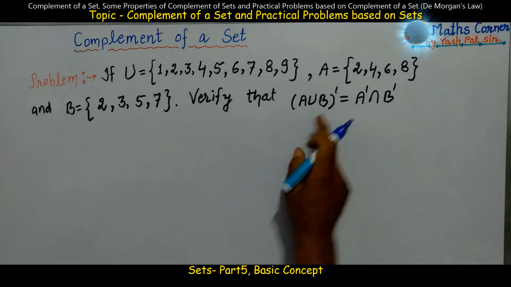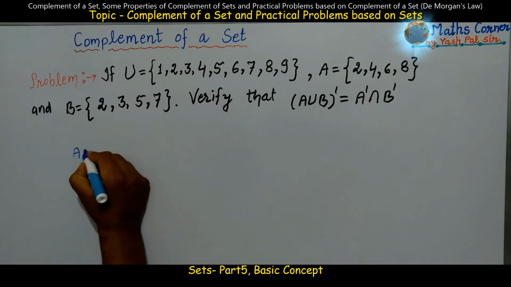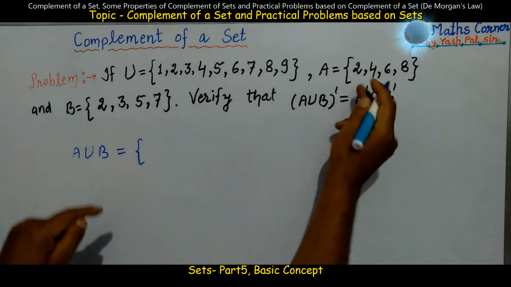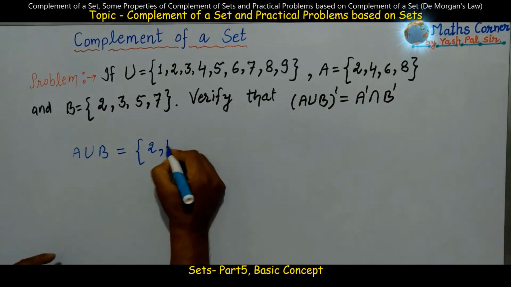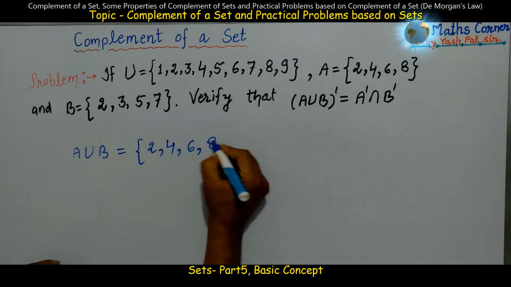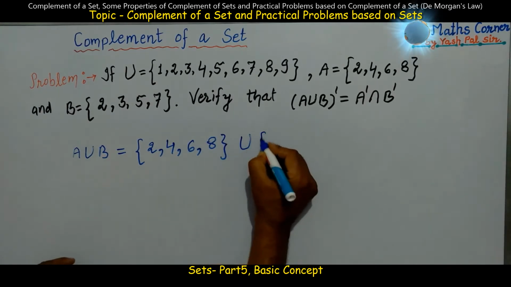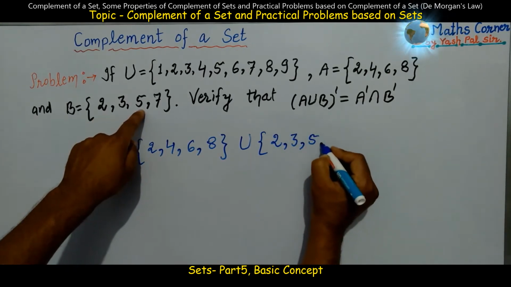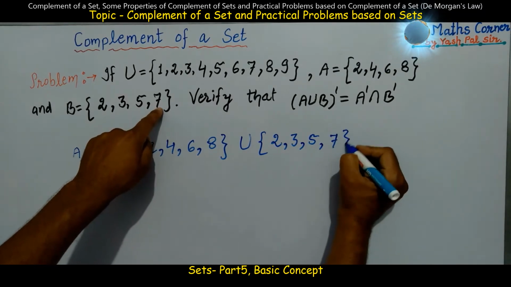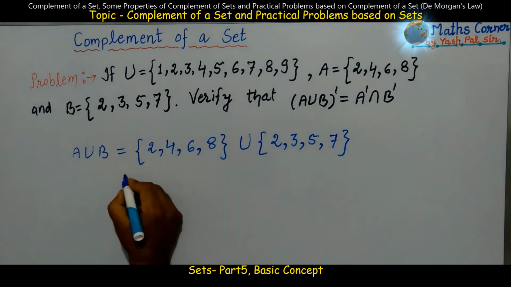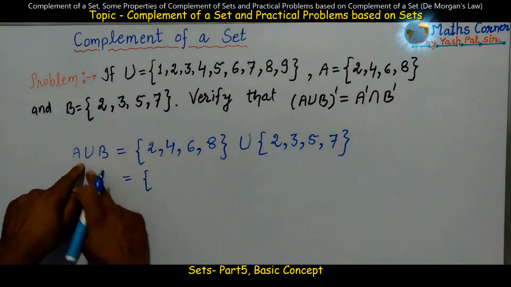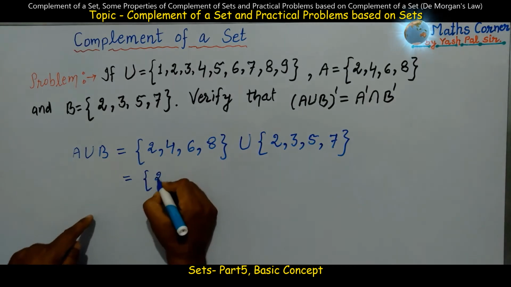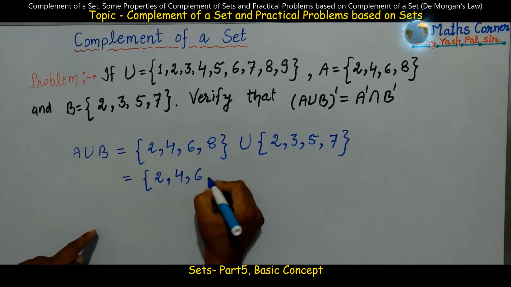We calculate the value of A union B. A has the elements 2, 4, 6, 8, and B has the elements 2, 3, 5, 7. To find A union B, first we write all the elements of the first set, that is 2, 4, 6, 8.